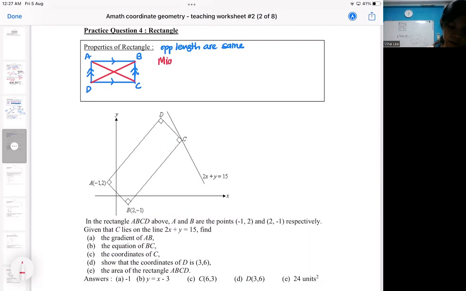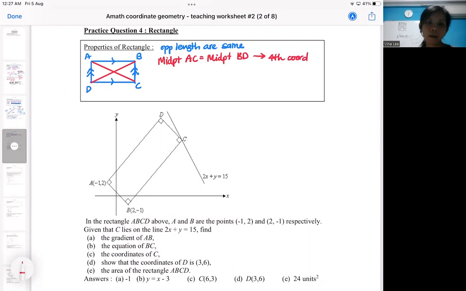So the midpoint of AC will still be equal to the midpoint of BD. So you will use this to find the fourth coordinate if you need to. So same idea, same method.